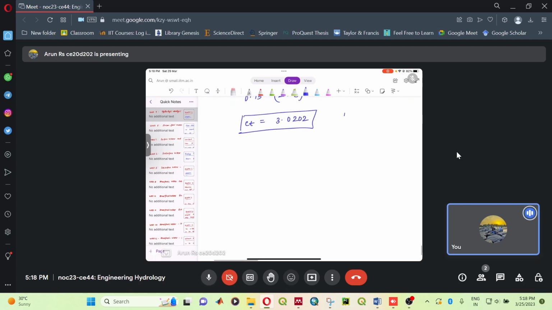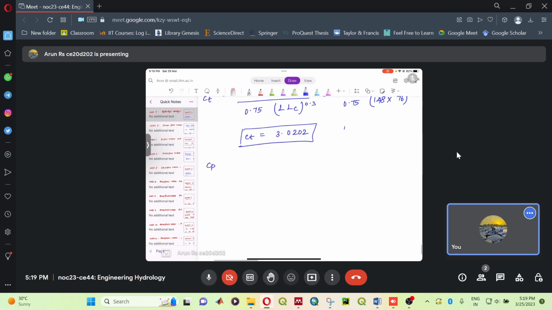Now we can estimate the second parameter CP. CP is equal to QPR into TP divided by 2.78. That is nothing but Q divided by area of the watershed M into TP divided by 2.78.